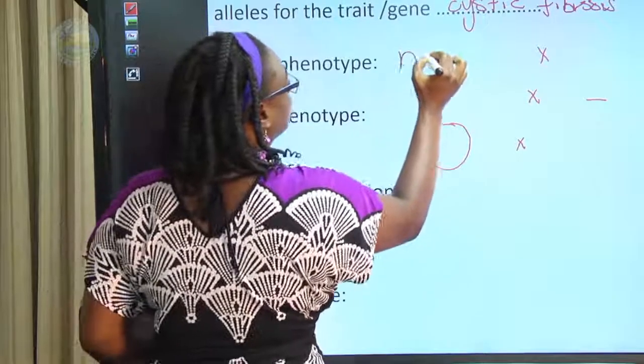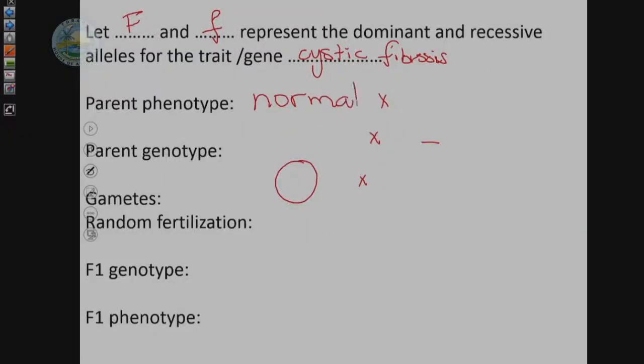So we have 2 normal parents not suffering from the disease, but their genotype indicates that they do have a recessive allele each.